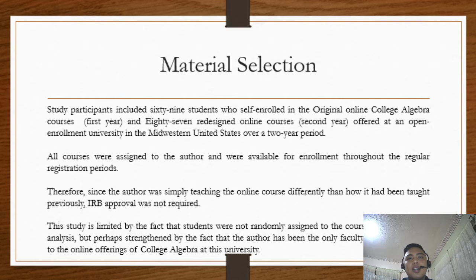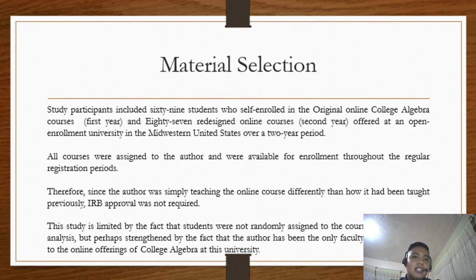All courses were assigned to the author and were available for enrollment throughout the regular registration periods. Therefore, since the author was simply teaching the online course differently than how it had been taught previously, IRB approval was not required.